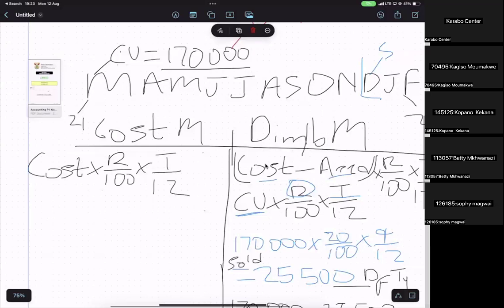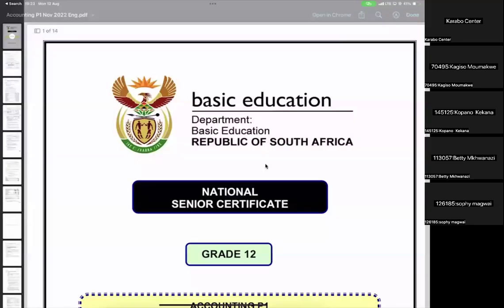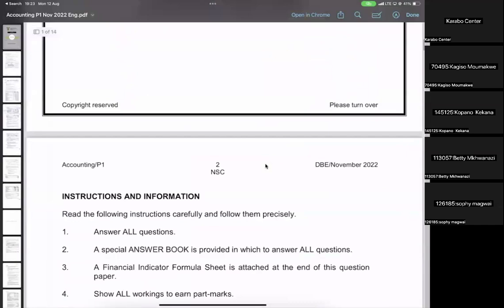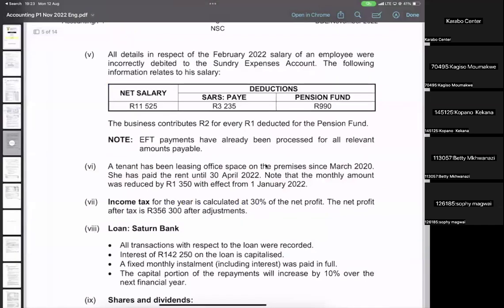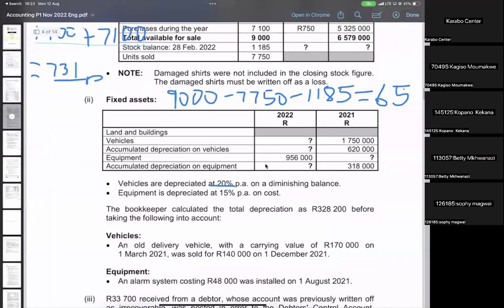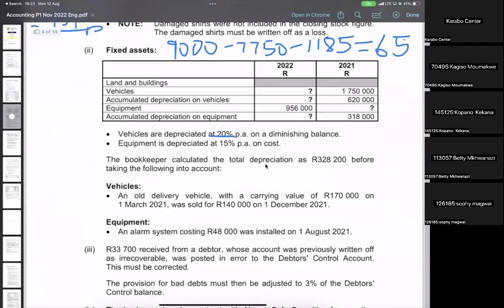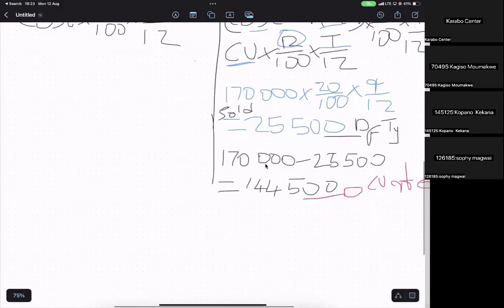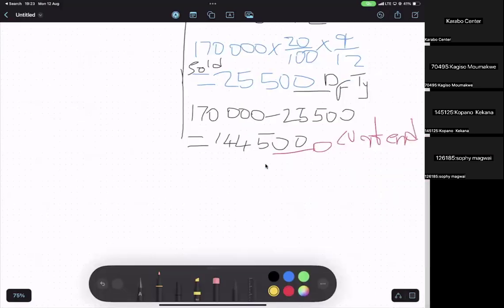But let's check how much we sold it for. They say it was sold for 140,000 on 1 December 2021. So our selling price was 140,000.